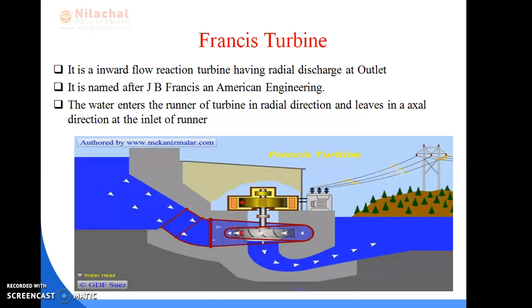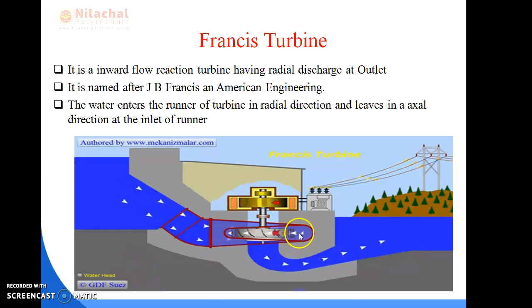The water slides smoothly over the moving vanes, and thereby the movement of the moving blades causes the rotation of the shaft, and we are getting the mechanical energy. This is the outlet.